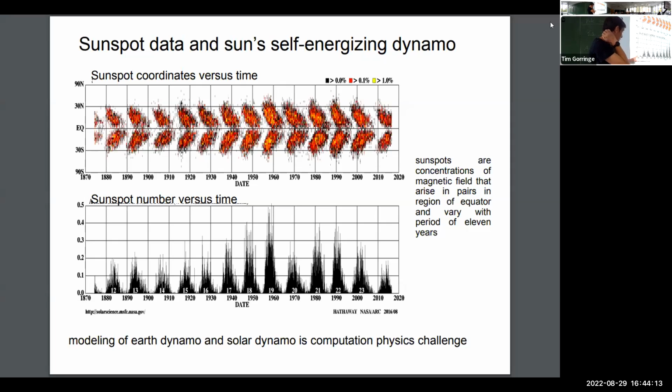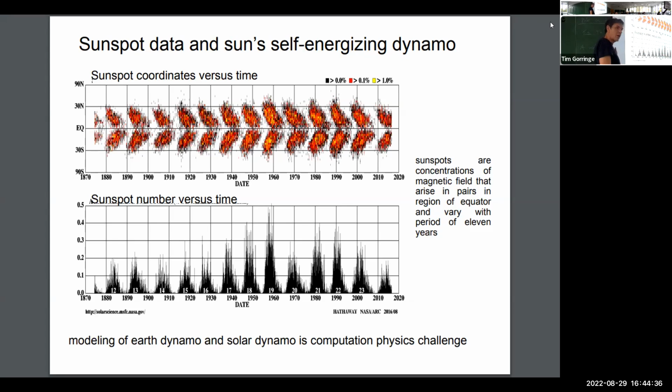So the bottom graph is just the number of sunspots counted each year over more than 100 years here. And what you see is there's a periodicity in the sunspots, and this is this 11-year period. And these cycles are given different numbers here.